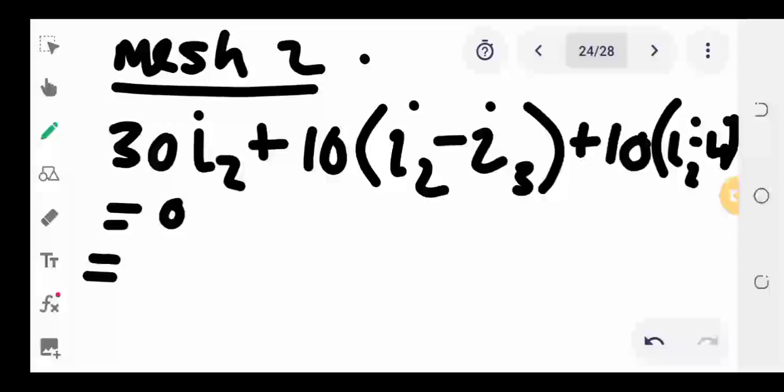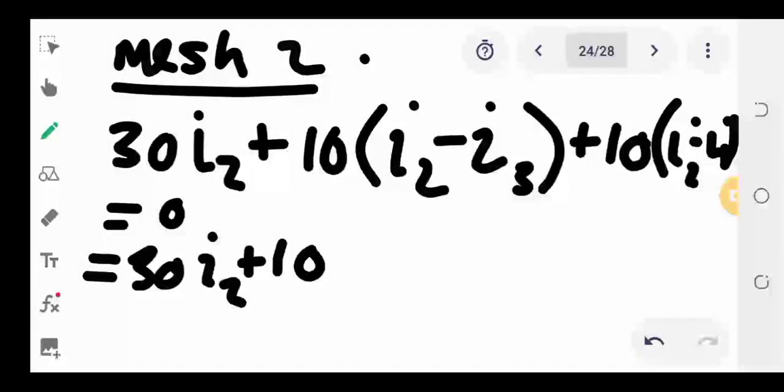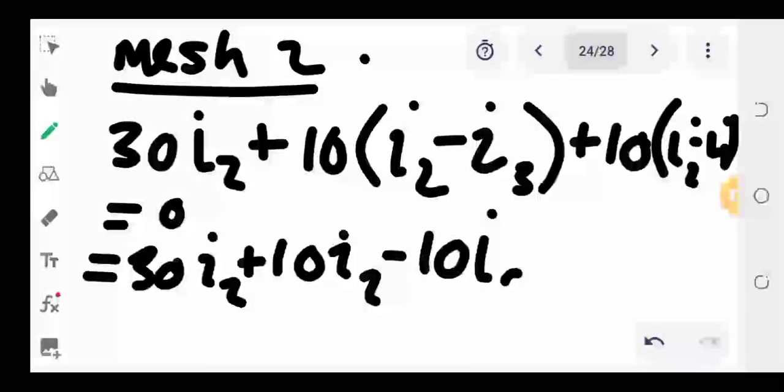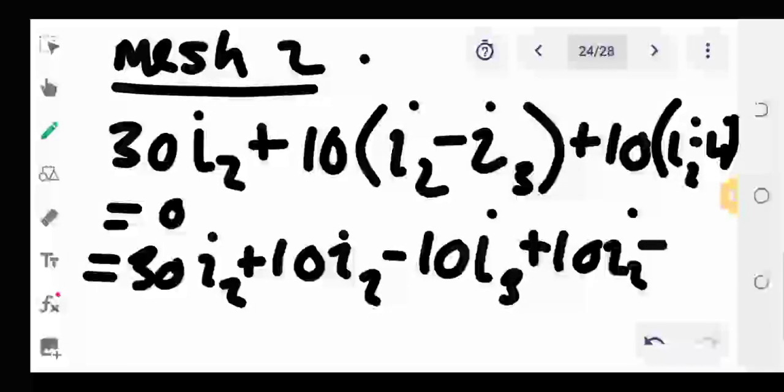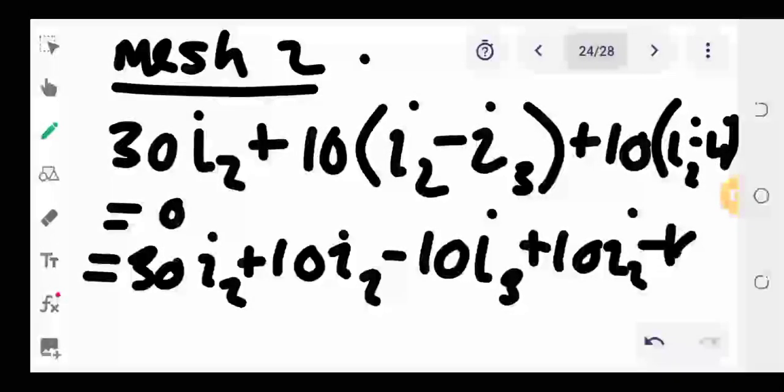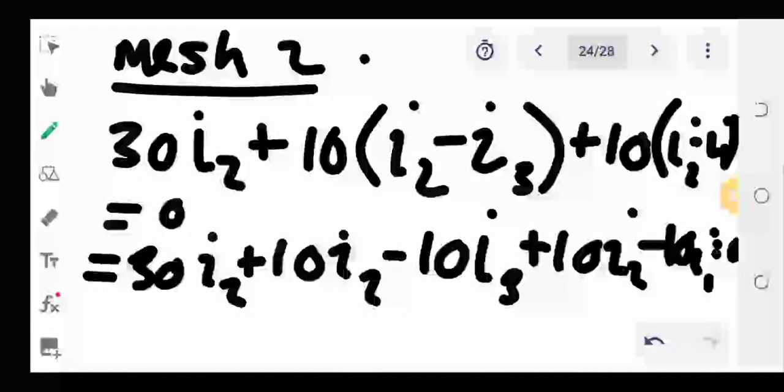So we can reduce this to 30 I2 plus 10 I2 minus negative 10 I3 plus 10 I2 minus 10 I1 equals 0.